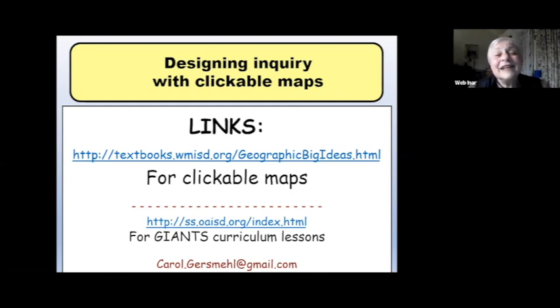So in 2010 and 2012, I really could have used the clickable maps and a whole bunch of things from the Giants curriculum. So anything you can find in the Giants curriculum and in the clickable maps, and maybe Dave can also put up more resources. Not just clickable maps, but in this notion of geographic big ideas, there are chapters that students can go through.